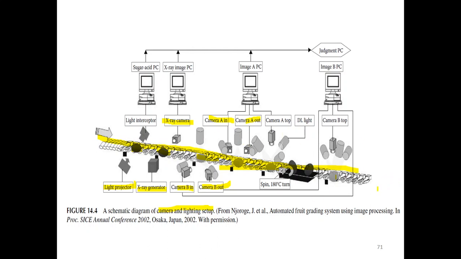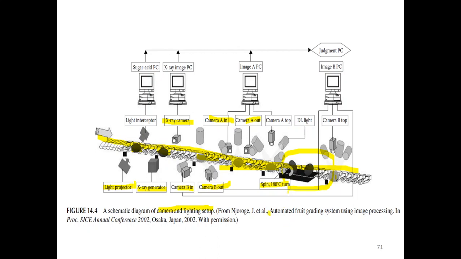And here I have a special device which can turn the fruit to different angles. For instance, it spins the apple 180 degrees in order to capture multiple angles of its surface, and therefore can obtain better information and make a good decision.